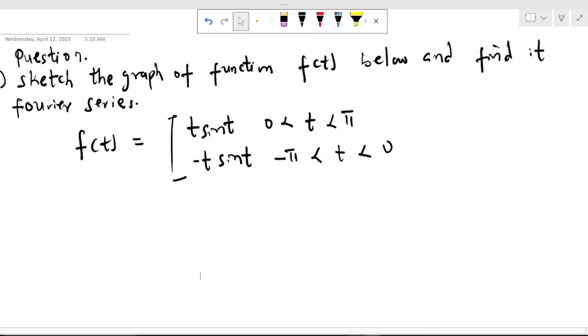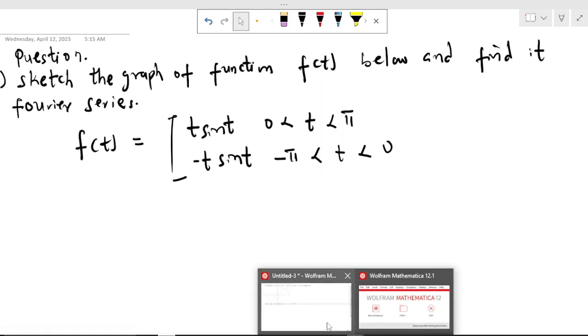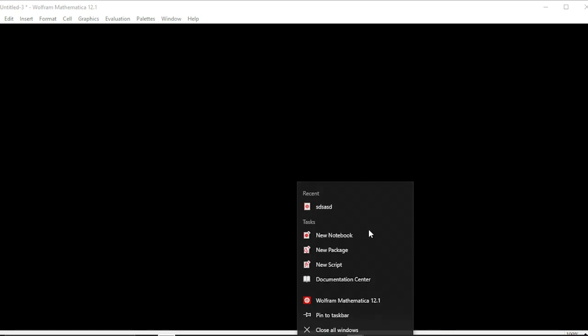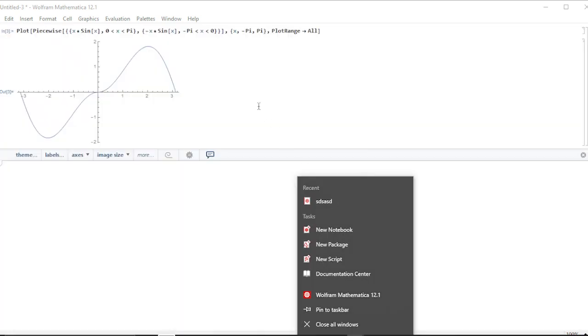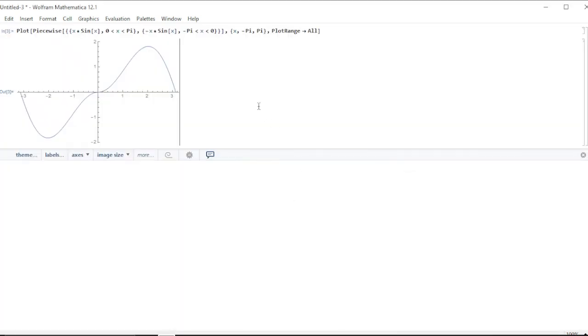Let me show you. Okay, this is Wolfram, and you can see the curve that was plotted by Wolfram. Very similar to what we had. So that's just to ensure that we are accurate.